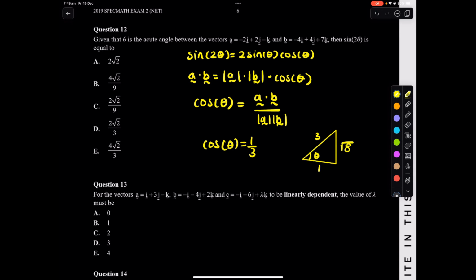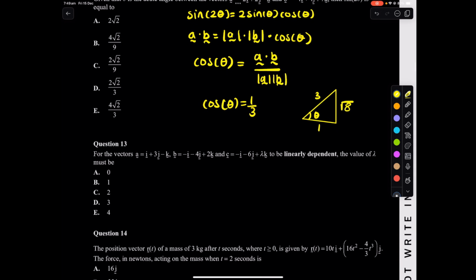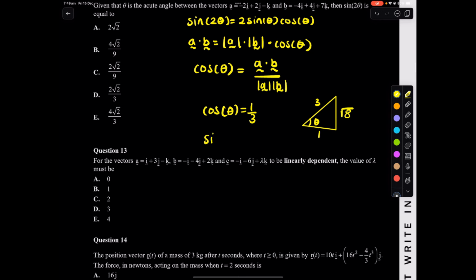So we got that. Hence sine theta is opposite over hypotenuse, so it's root 8 over 3. So we got cosine and sine theta, and that's it. Hence sin 2 theta is just 2 sin theta, and sin theta is root 8 over 3, times cos theta, which is just 1 over 3.